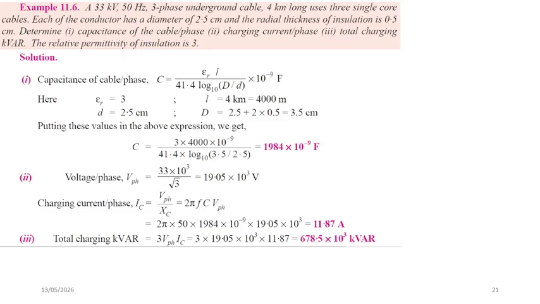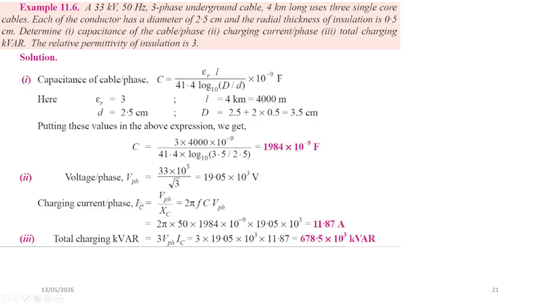Using the cable capacitance formula and relative permittivity of 3, the capacitance per phase can be calculated as 1984 times 10 power nanofarad. The phase voltage is then determined from the line voltage. Very easy, we can find the phase voltage.